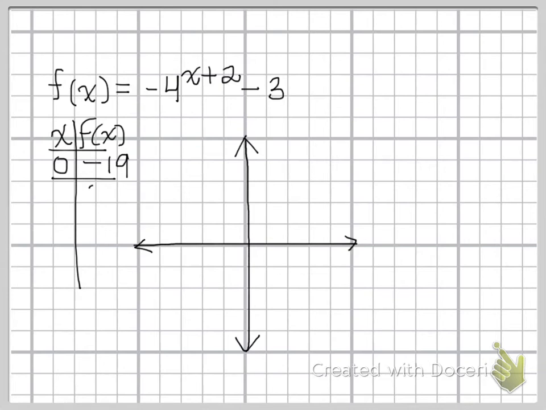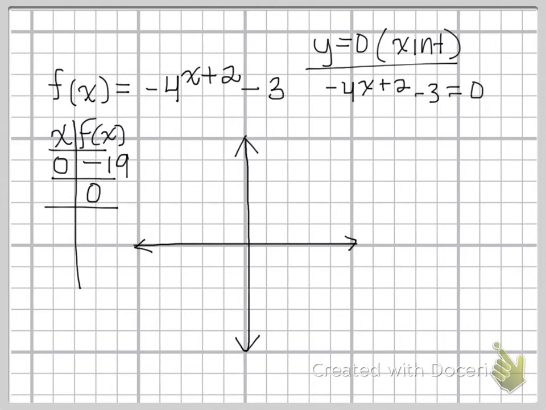Let's look for the x-intercept here. So when y equals 0, I've got the x-intercept, and that'll be negative 4 to the x plus 2 minus 3 equal to 0.